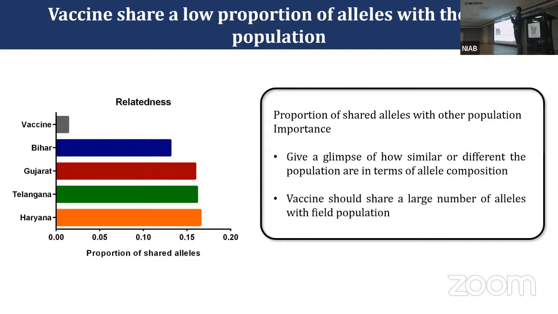Obviously, if you want to actually genotype, you have to do whole genome sequencing and then try to understand the number of genotypes in a population and compare it with the vaccine, to see whether it is matching or different from the actual population. But obviously, cost comes in, and then we have to genotype using a marker which is feasible for this number of samples. We have also done GBS for a small number of samples, but for this number of samples, we have used the STR marker.